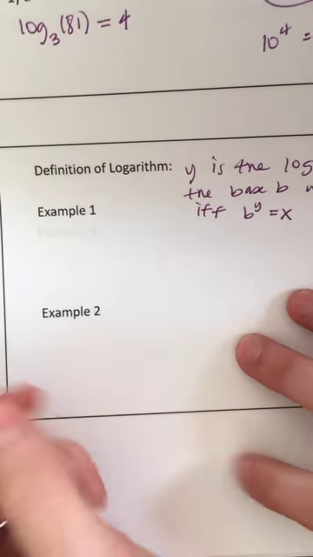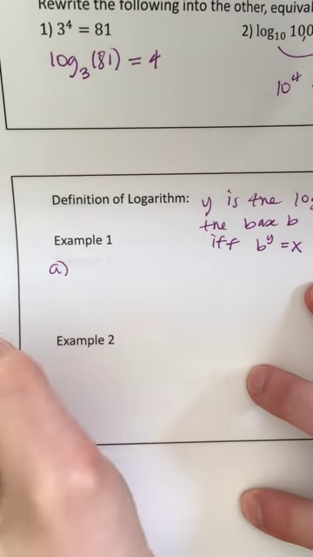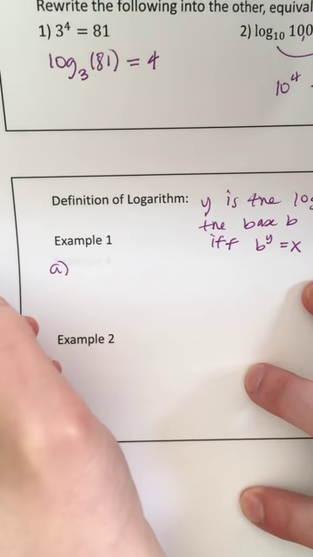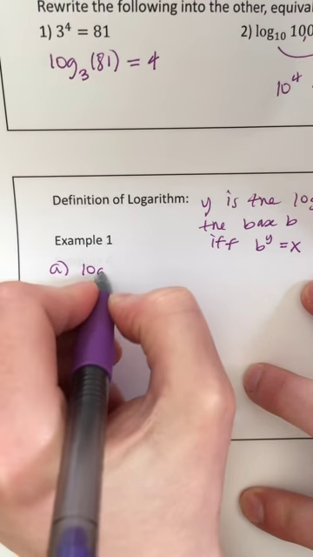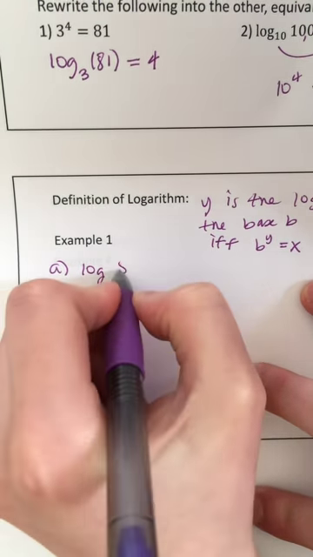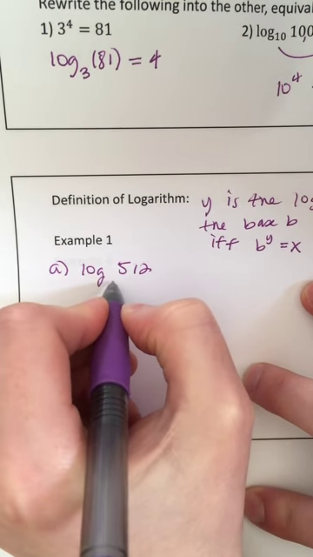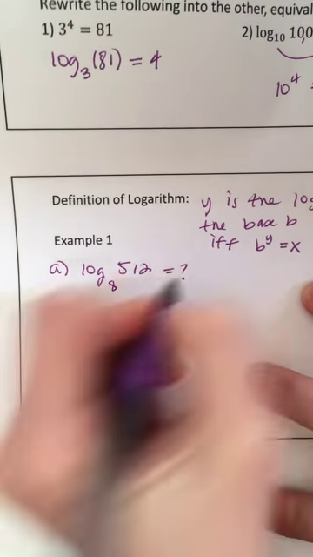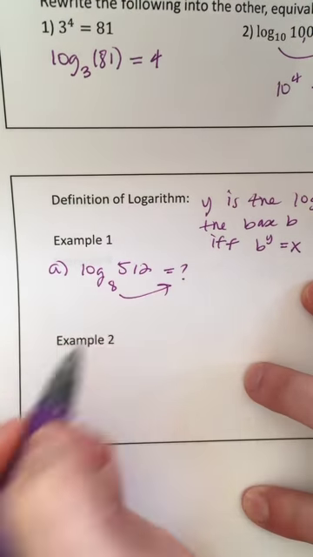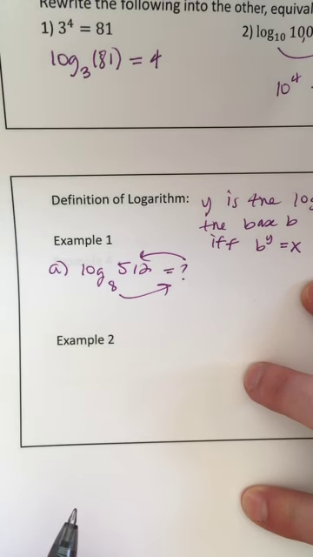All right. So example 1, part A. The log of 512 to the base 8. So the log of 512, of is always for your argument, to the base 8. And what does that equal? So 8 to what power gives you 512?